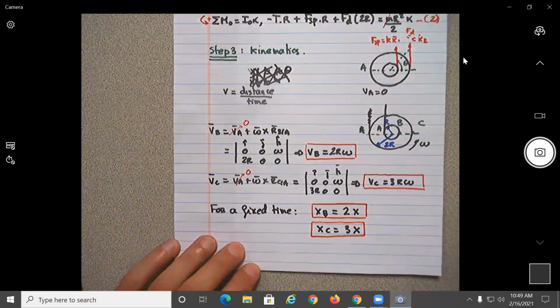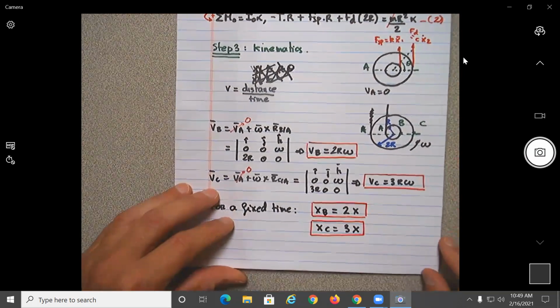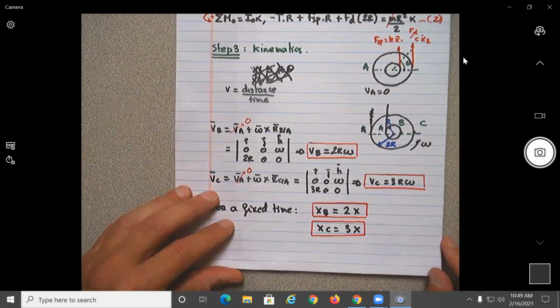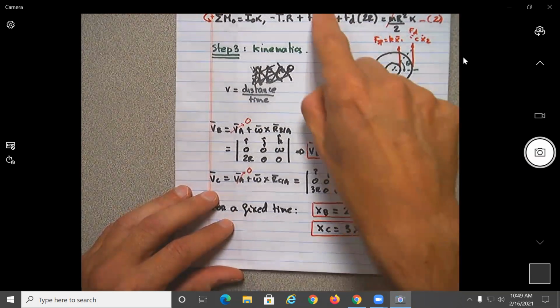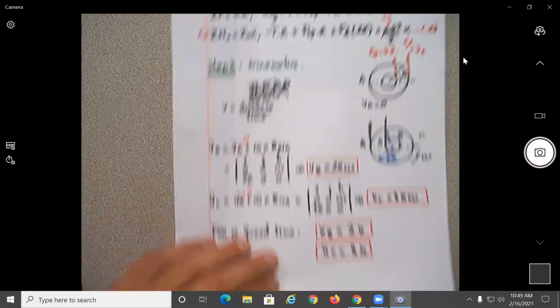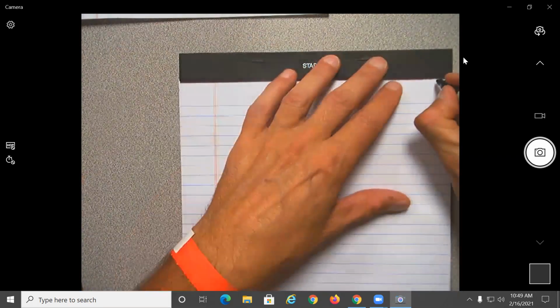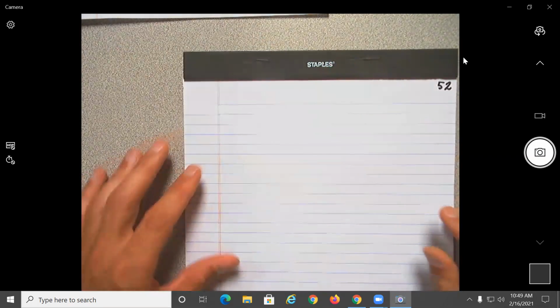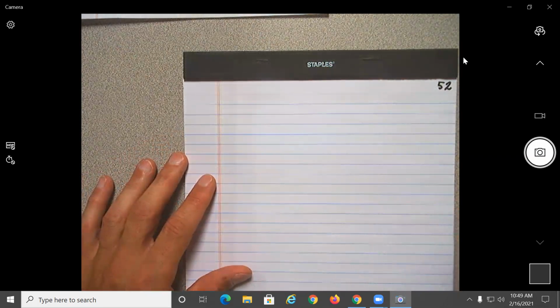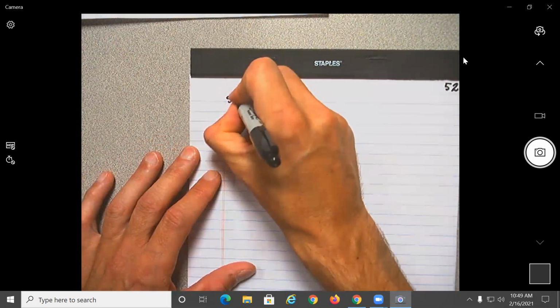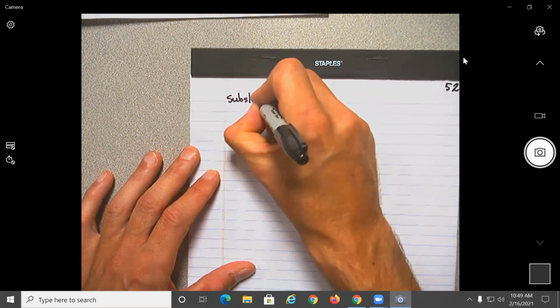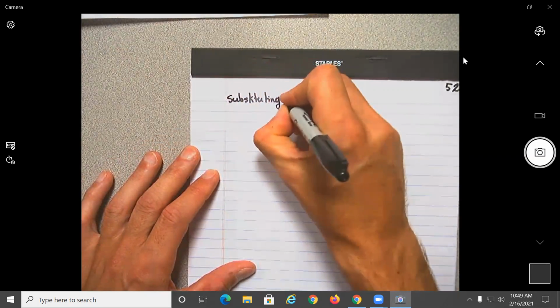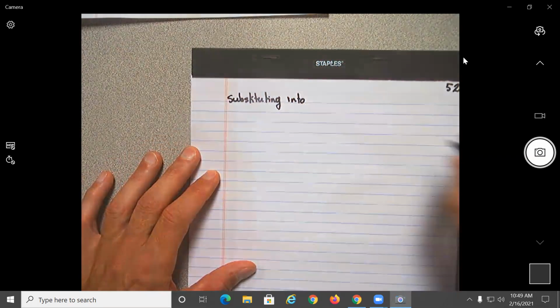All right, so how much time do I have? 10 minutes. Okay, so now what's going to happen? I can go and substitute over here into the two equations, so substituting into 1 and 2.